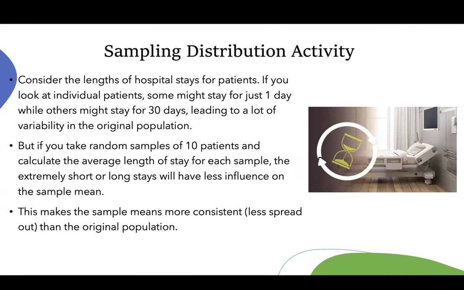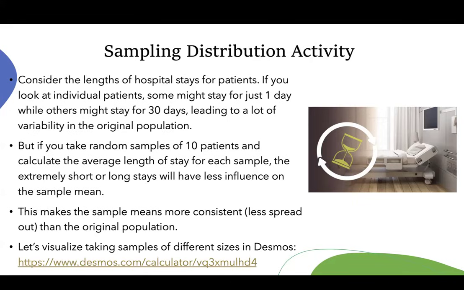And that's what we see happening visually with our sample means. This makes the sample means more consistent and less spread out than the original population. So that's why sample means were hanging out between 2 and 8, because averages naturally cause them to be closer to the mean of the population rather than spread out.